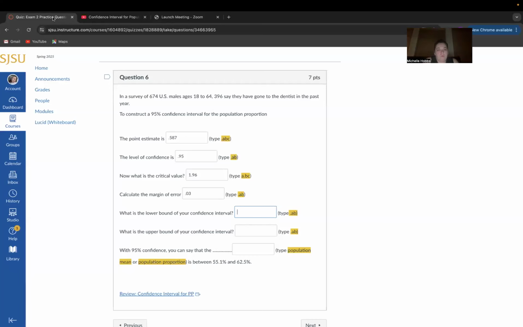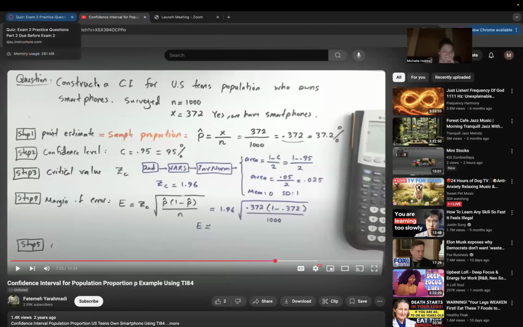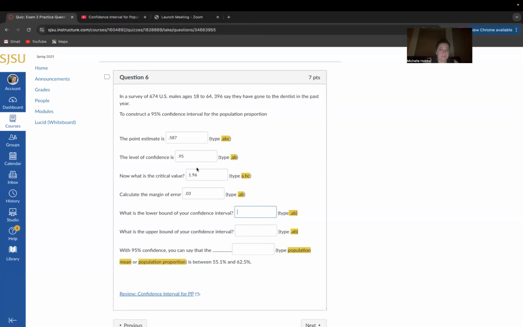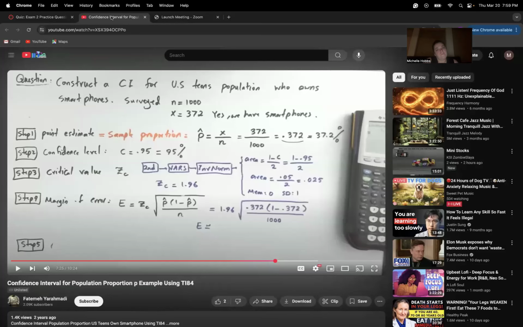So 1.96, the successes, 0.396 times 1 minus 0.396 divided by.